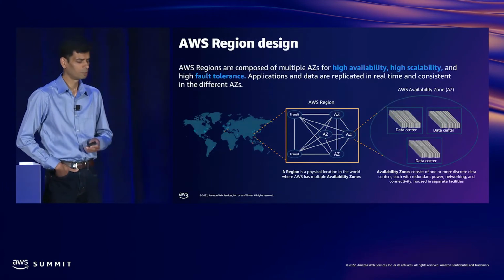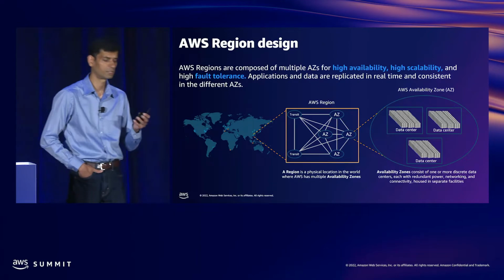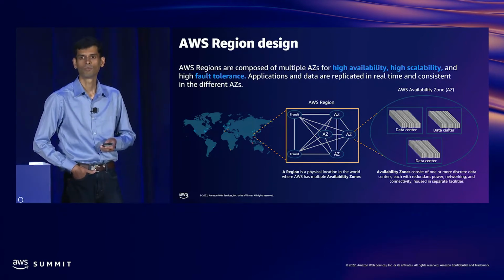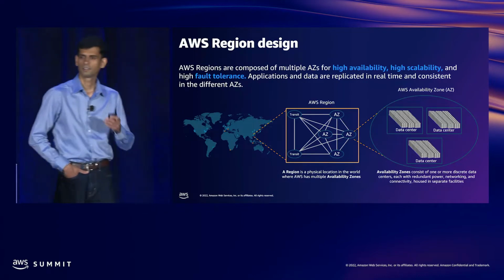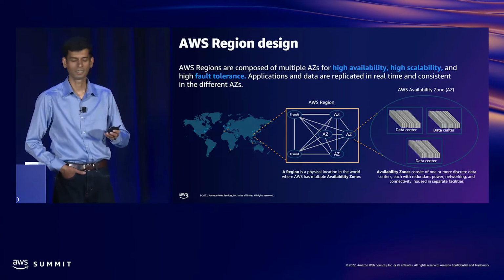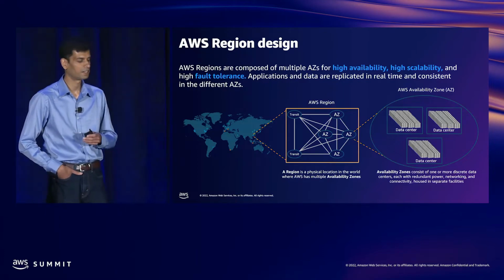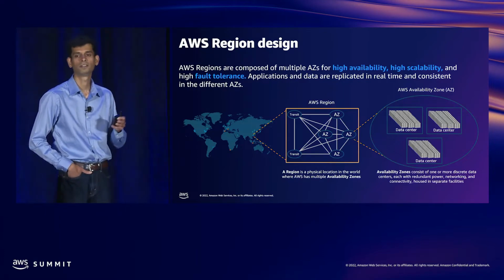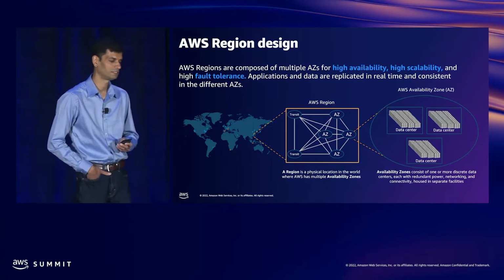If you zoom into the AWS region design, each region comprises multiple data centers clustered together, what we call availability zones, or AZs for short. Each availability zone comprises one or more discrete data centers, each with its own redundant power, networking, and connectivity, housed in separate facilities.